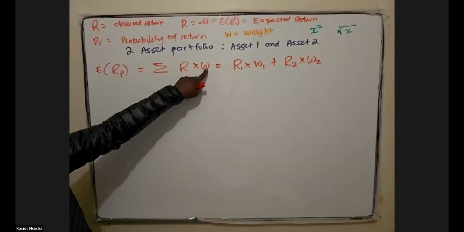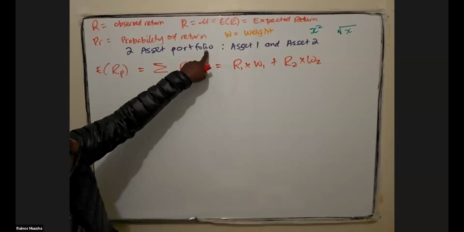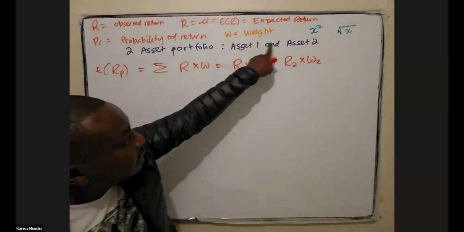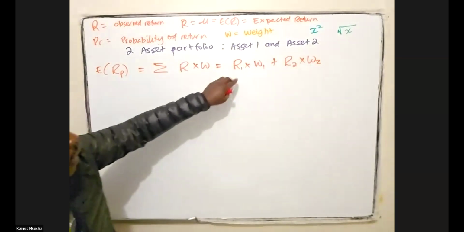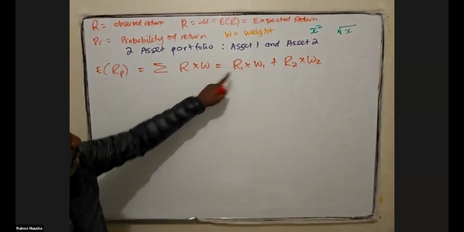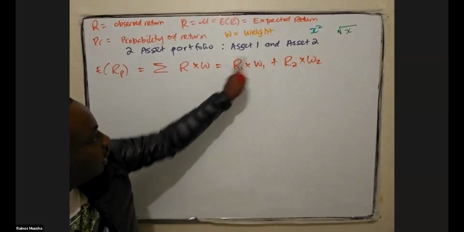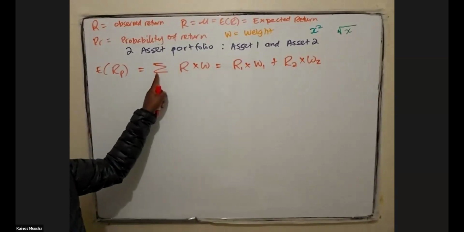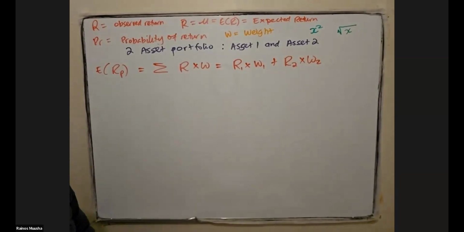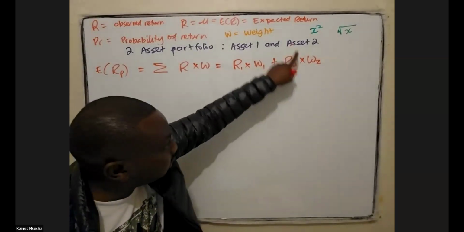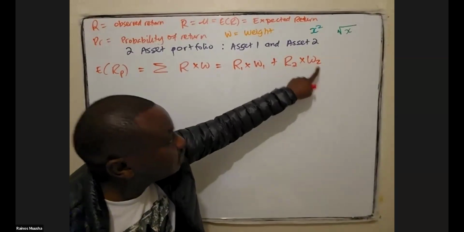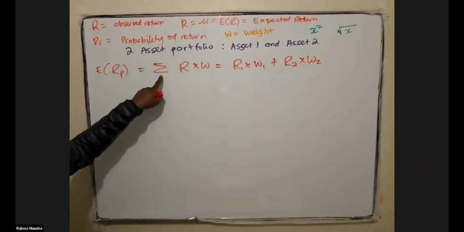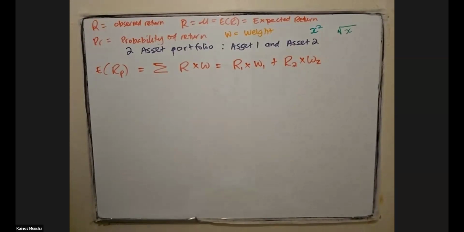So if you are given a two-asset portfolio with asset number 1 and asset number 2, I'm going to say the return of asset 1 multiplied by the weight of asset 1 plus, because you're summing up the values of the different assets, the return of asset 2 multiplied by the weight of asset 2. So this is how you determine the expected return.